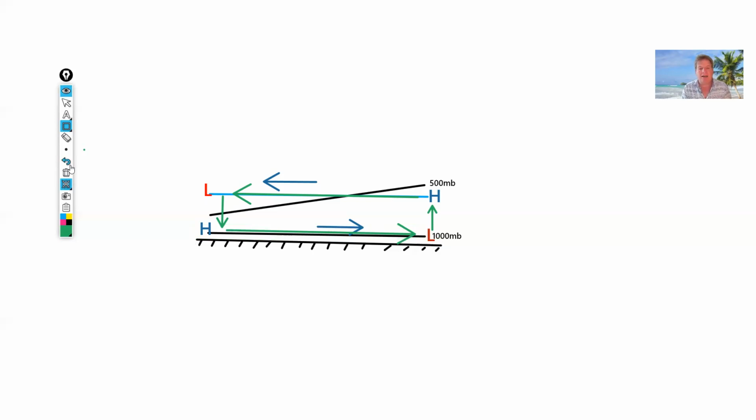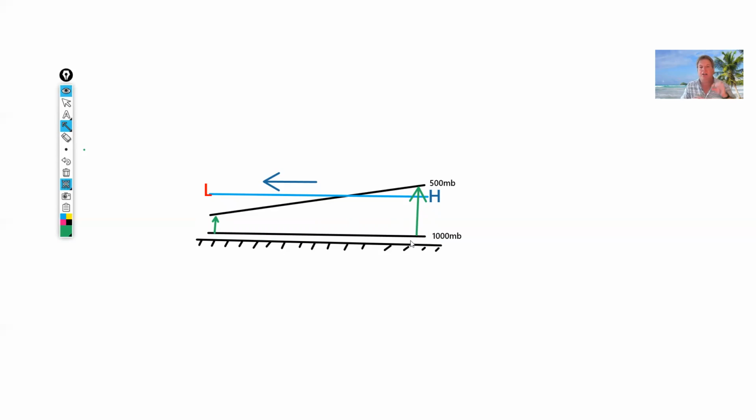Now keep in mind that all of this comes about, and I'm going to get rid of those green arrows, because I've got an isobaric surface that is sloped. And what I mean by that is the vertical distance between these two isobaric surfaces is less than the vertical distance between those same two isobaric surfaces on the right side.